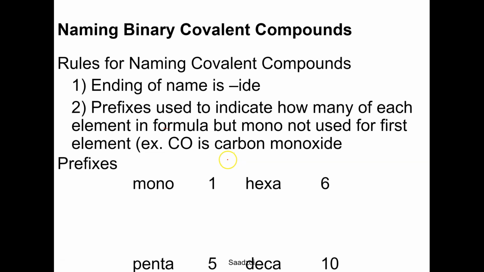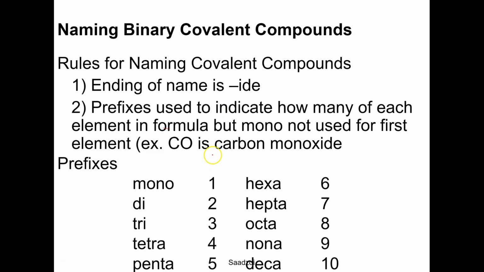The different prefixes that you need to memorize are these. There's no way around it. The only one that's kind of weird, I guess, is tetra. The rest are basically from geometry, so they're not completely new. All right, this one, di-phosphorus, because there are 2 phosphorus, right?